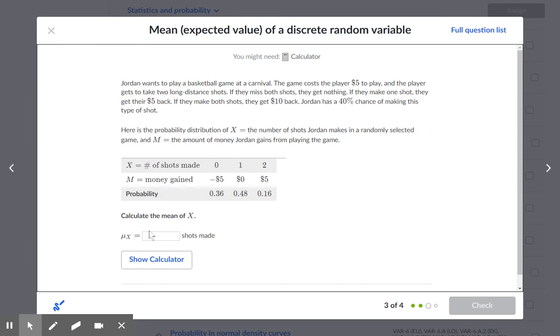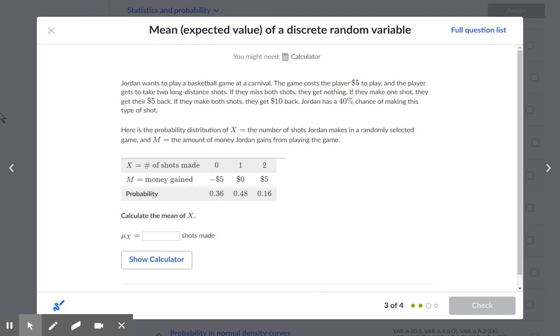They ask to find the expected shots made. If it's shots made and not money made, I need to put the X values 0, 1, and 2 into the list. So 0, enter, 1, enter, 2, enter.